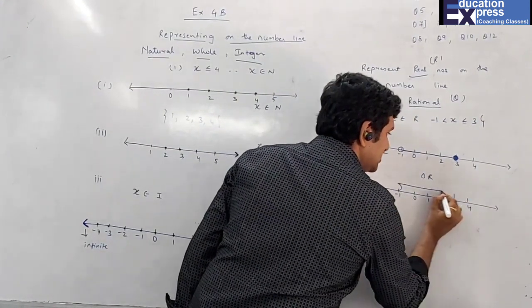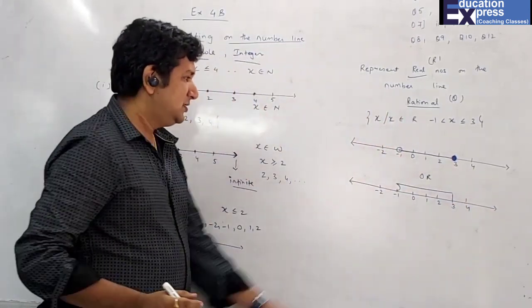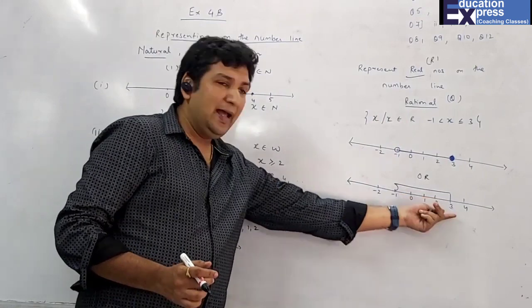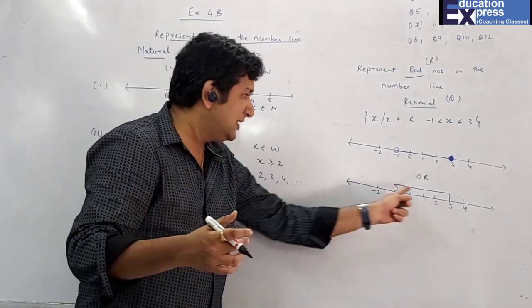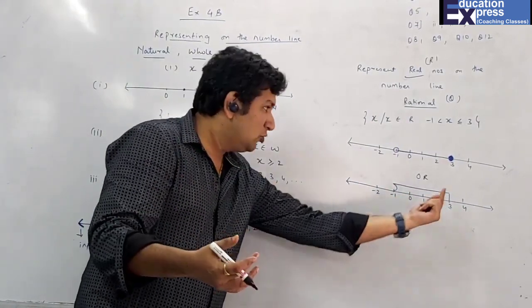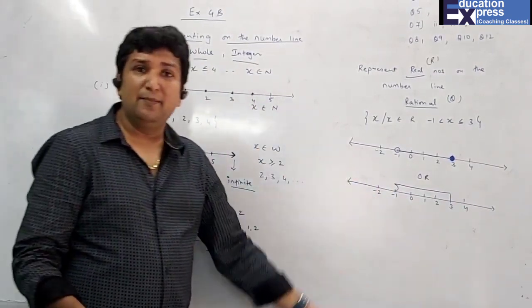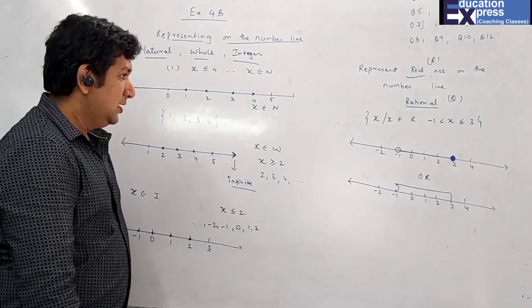That means the same thing: x is more than -1 and less than or equal to 3. More means it goes on the right hand side, and less than 3 means it goes from 3 on the left hand side. So this is how you represent the rational numbers and the real numbers.